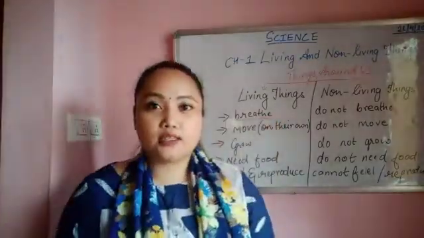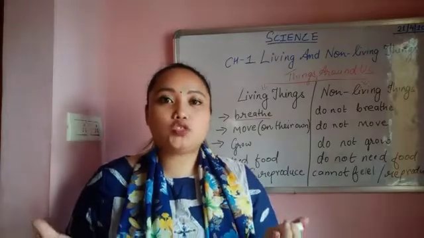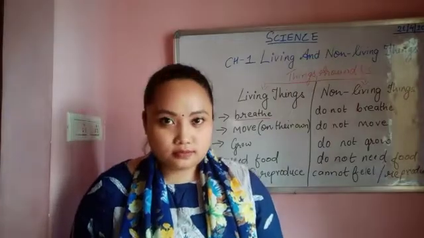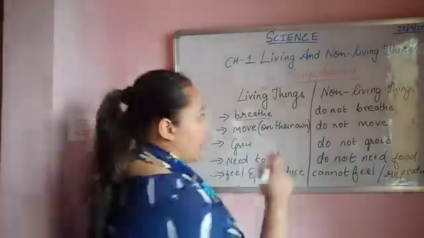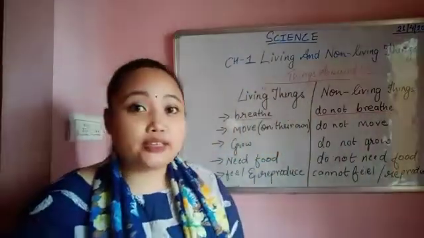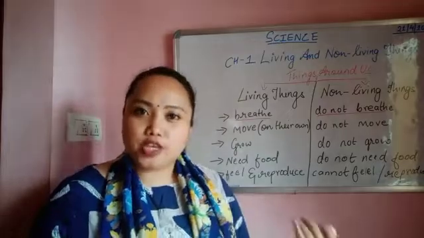That means we can breathe. How do we breathe? We take in the oxygen, we inhale and we exhale. Isn't it like this? Whereas non-living things cannot breathe. Non-living things don't have the characteristic, or you can say a feature, to breathe.